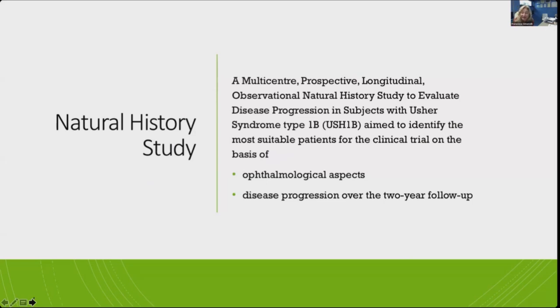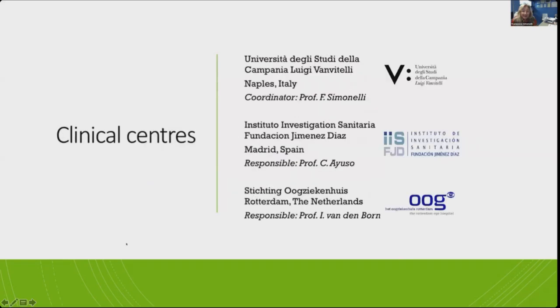This is a multi-center, prospective, longitudinal, observational natural history study to evaluate disease progression in subjects with Usher syndrome type 1B and to identify the most suitable patients for the clinical trial on the basis of ophthalmological aspects and disease progression over 2-year follow-up. As I told, 3 clinical centers participated to the study.